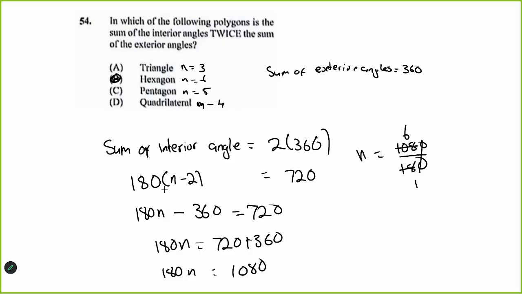You could have placed it in this formula. When n is equal to 3, the sum of interior angles is 180. That's not what we're looking for. When n is equal to 6, it will be 180 times 4, which is 720. So you know that is the answer. You could have used the answer and the process that we know to make sure that that is your answer.